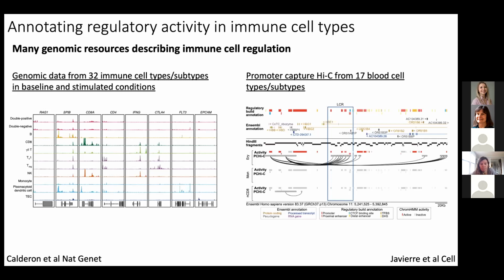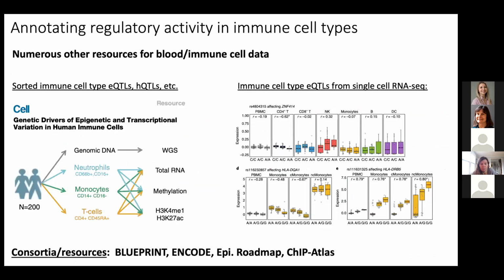This is also part of the Blueprint consortium. Other studies include QTLs that have been derived in sorted cell types, T cells and monocytes, for not just chromatin but expression and histone modifications on the left, and then on the right, eQTL studies of individual immune cell types derived from single cell RNA-seq.